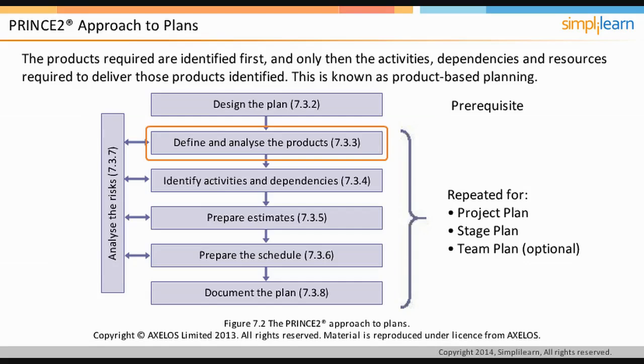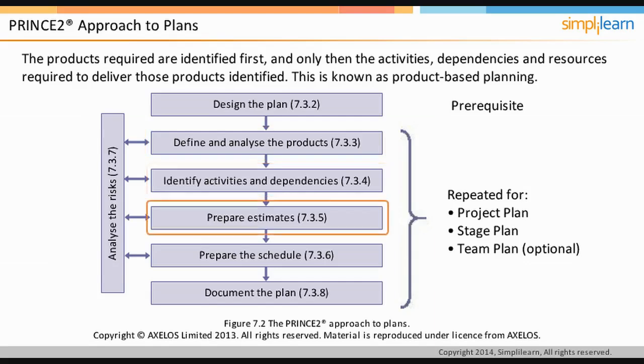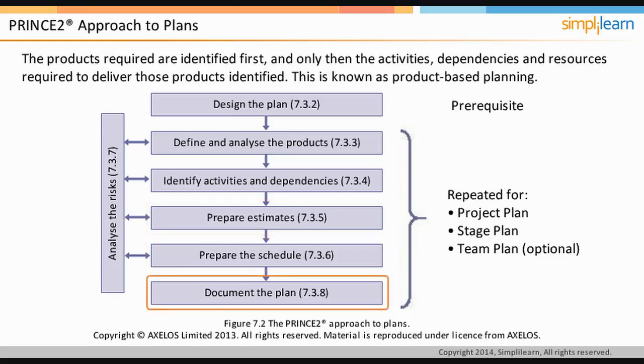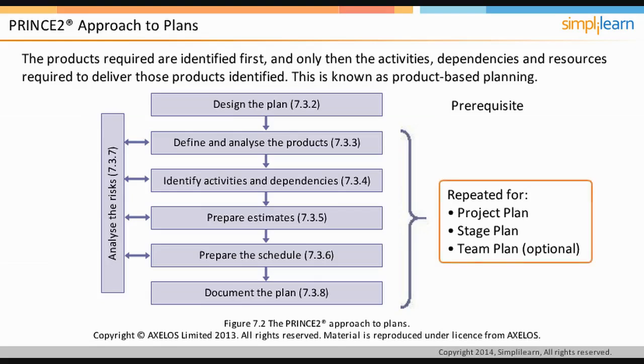Once the product identification is over, the next step is to identify the activities and dependencies required to deliver those products. The next step is to prepare estimates followed by schedule. The last step is to document the plan. This is known as product-based planning and is used for project plan, stage plan, and optionally, the team plan.